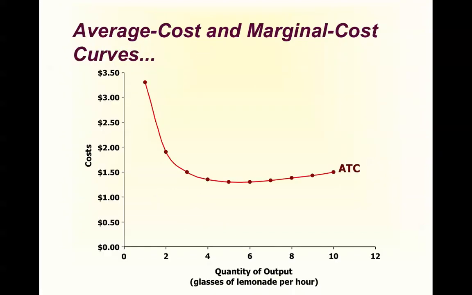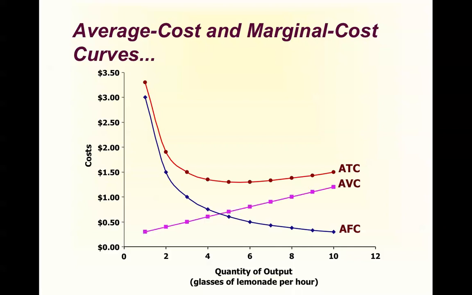And here is how the graphs look. First, this is average total cost. Notice the U shape. It goes down due to average fixed cost, and then goes back up due to average variable costs. Now, marginal cost is going to hit average total cost at the bottom of the ATC curve and then move up.